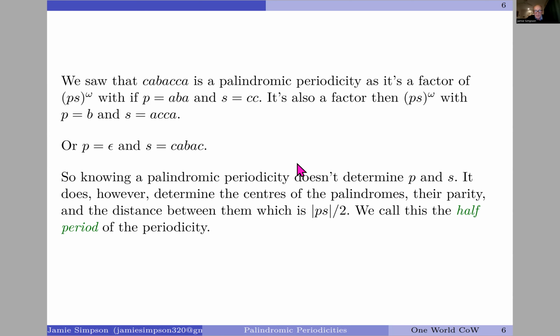So the centers are fixed no matter how you choose the palindromes themselves, and also the distance between them is fixed, which is half of the length of PS.